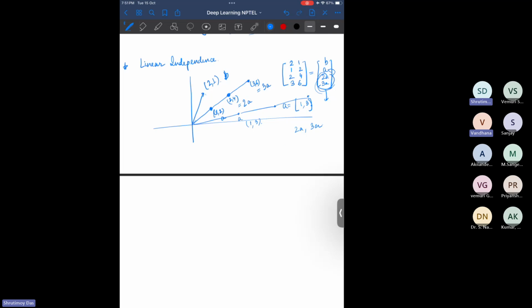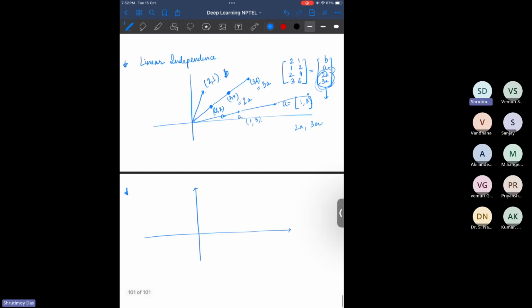One is that the vectors should be linearly independent, that you explained, and the other is that every vector in the space Rn can be expressed as a linear combination of these vectors. Taking this example, when I draw this x and y axis, actually this is the basis that I have.